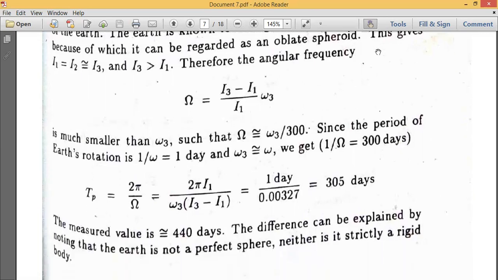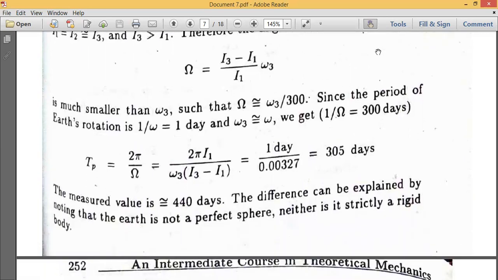The period P is equal to 2 pi by sigma, which is 2 pi I1 divided by omega 3 times (I3 minus I1), equal to 1 day divided by 0.00327, which is 305 days.